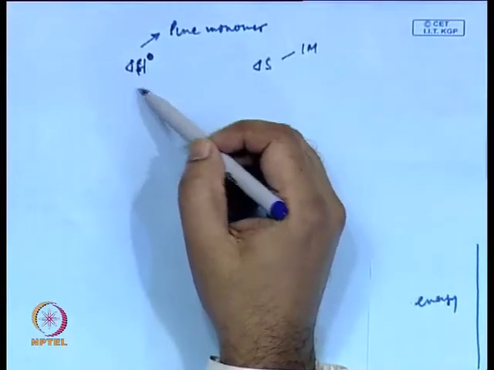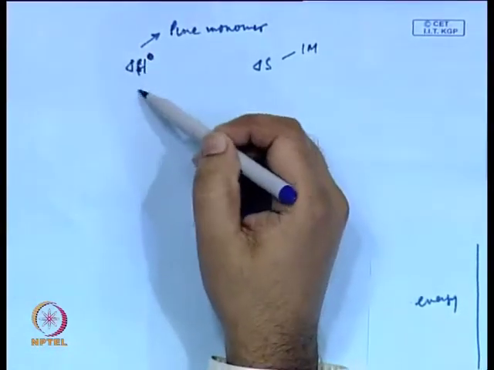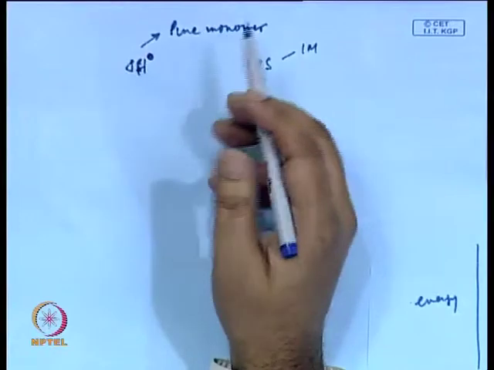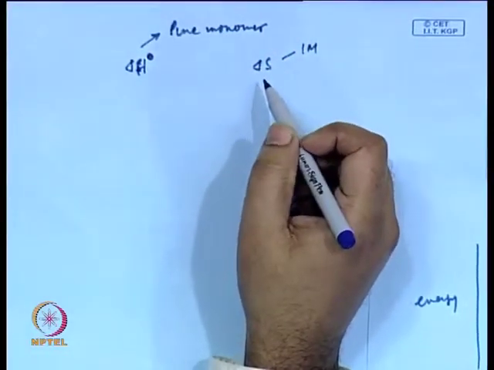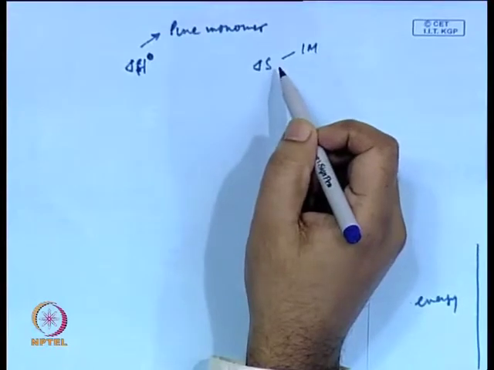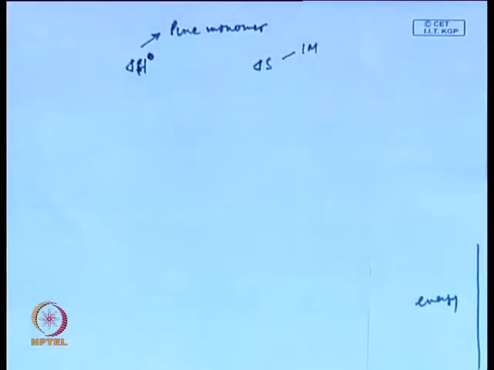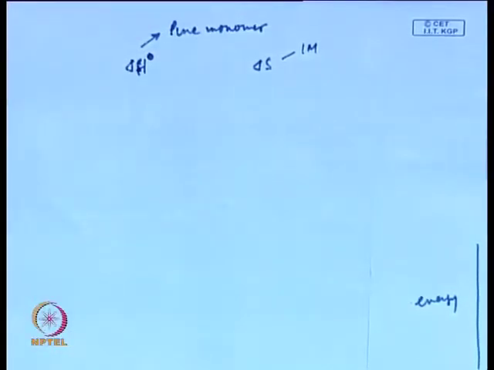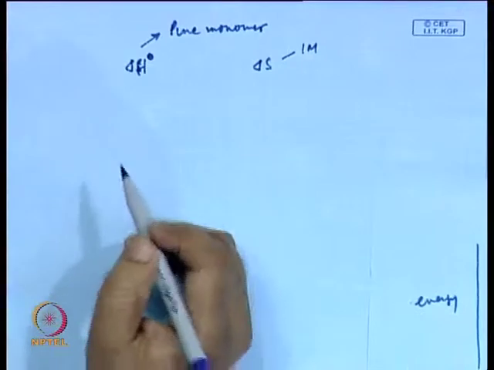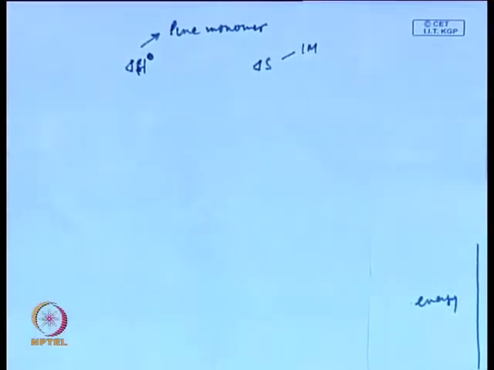Now, in this context you can appreciate that DelH value does not depend on the concentration of the monomer, whereas DelS value does depend. DelS value is dependent on the concentration of the monomer. Now, let us compare the values between few monomers and see how the monomer structure contributes to the values.